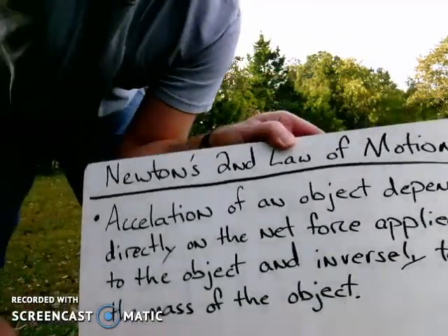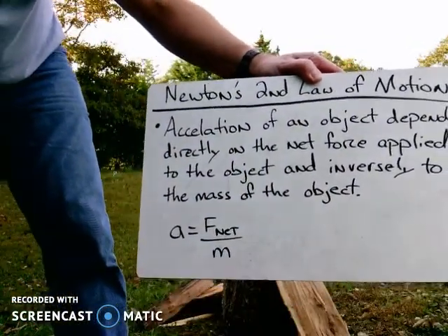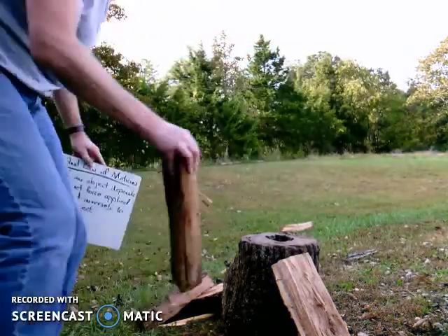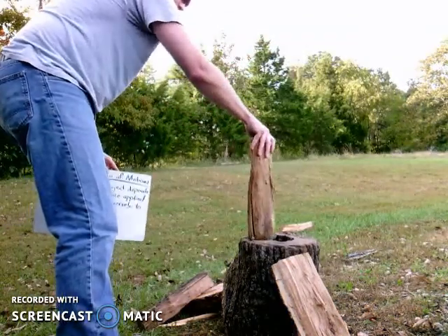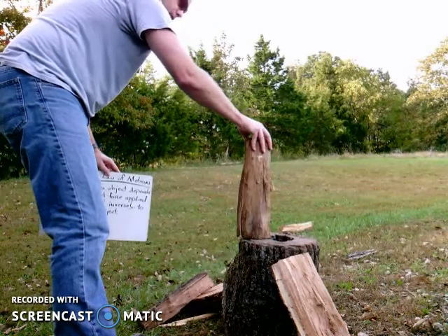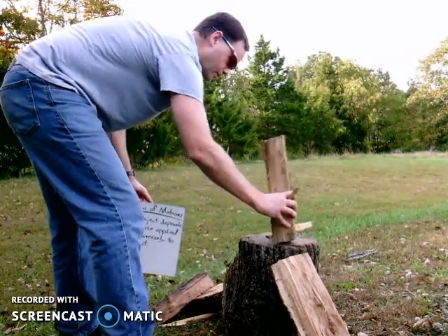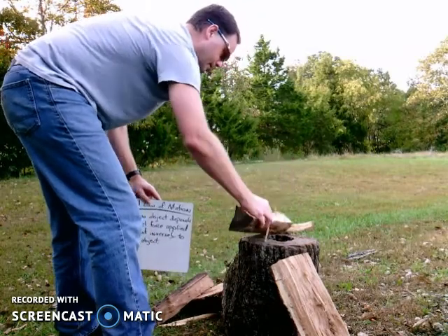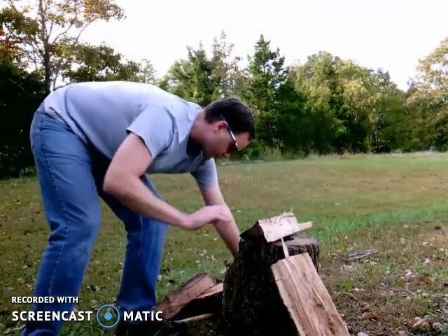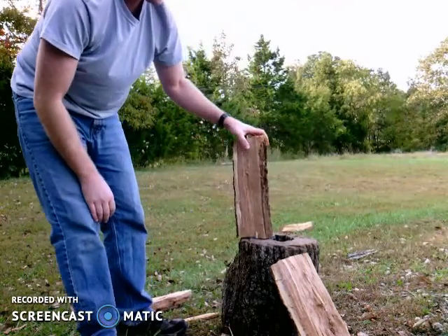All right. Now, remember, this is the net force. We can put a log on there. If it's balanced forces, all right, if I can get it balanced. That's not balanced. Let's try this one. All right.